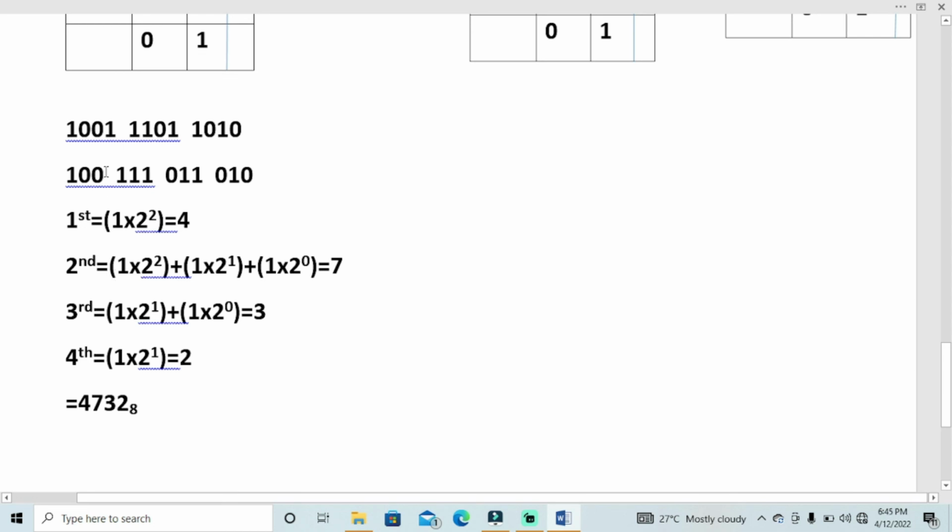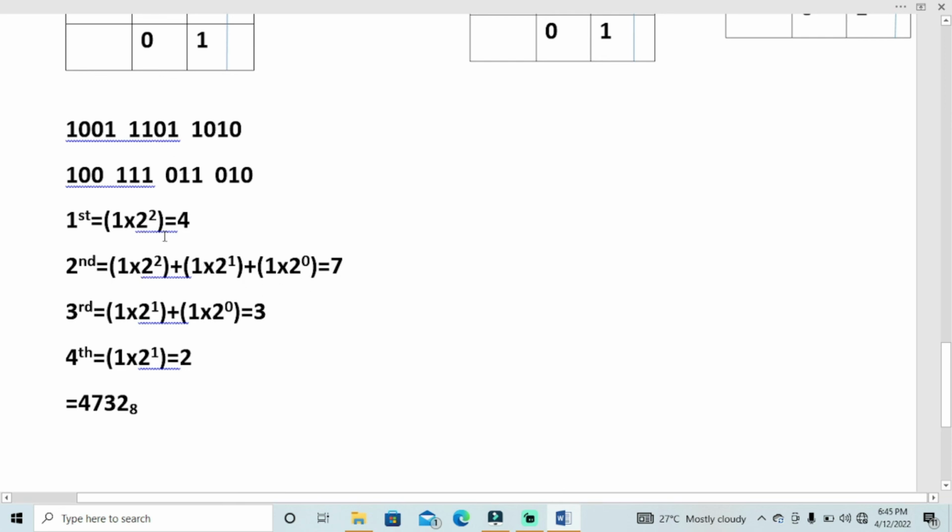Then for the second section we will have 1 2 3, which means it will be 1 times 2 to the power 2, and then we'll have 0 1 2, which means plus 1 times 2 to the power 1, and plus 1 times 2 to the power 0, which will just be 4 plus 2 plus 1, which is equal to 7.